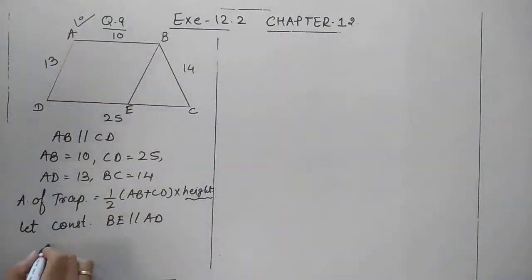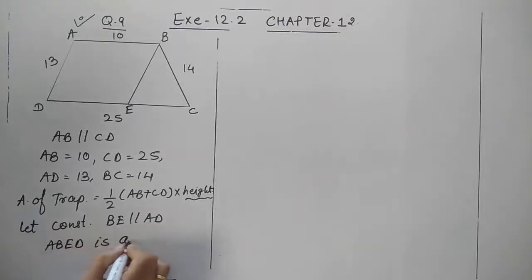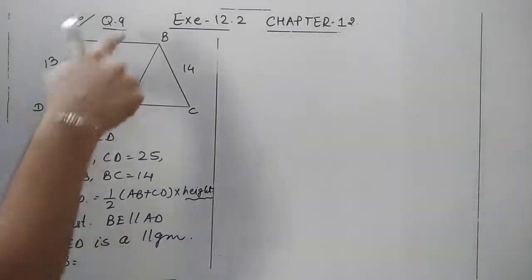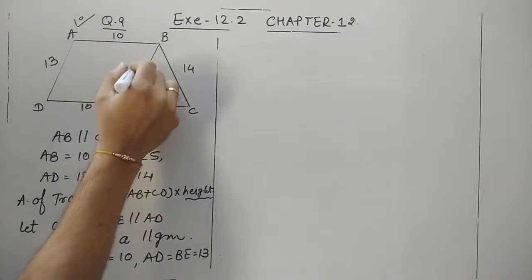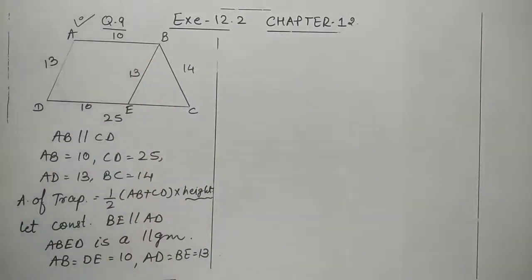So we can say that ABED is a parallelogram. As it becomes a parallelogram, the pairs of opposite sides are the same. So AB is 10, so DE also becomes 10. And as AD is 13, so BE also becomes 13.